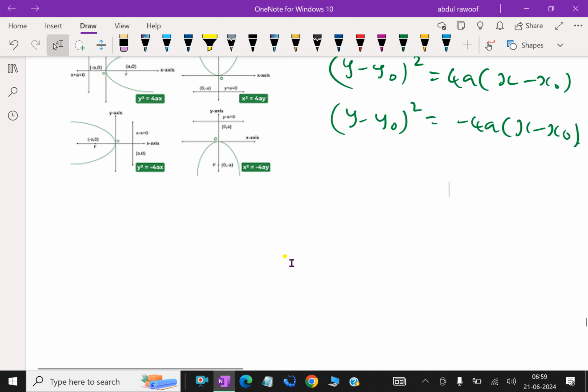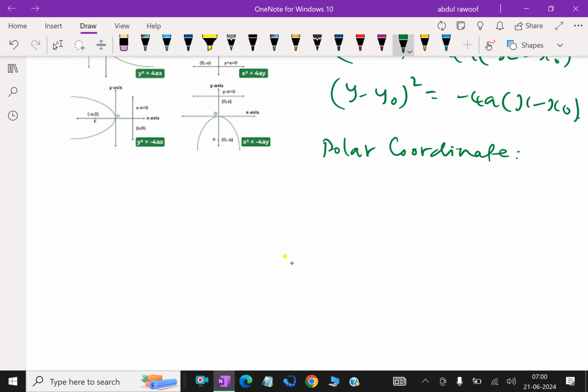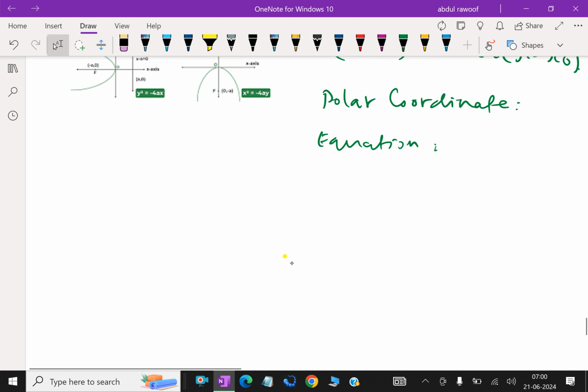In polar coordinates, the equation of a parabola is r equals 2a over (1 minus cos theta).